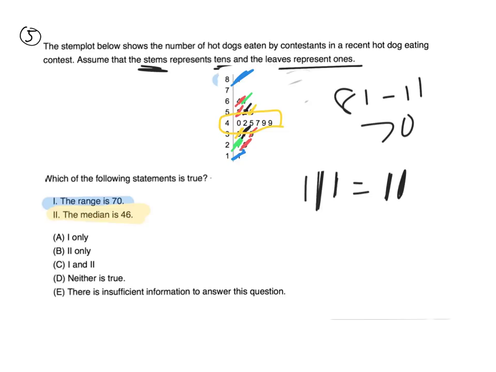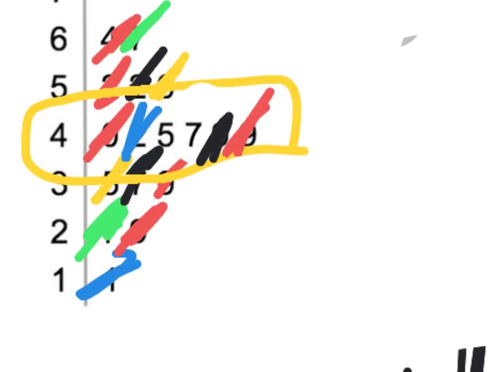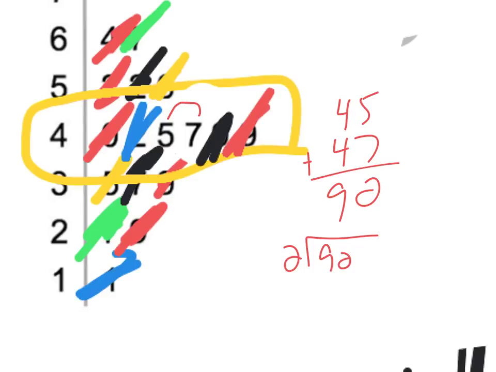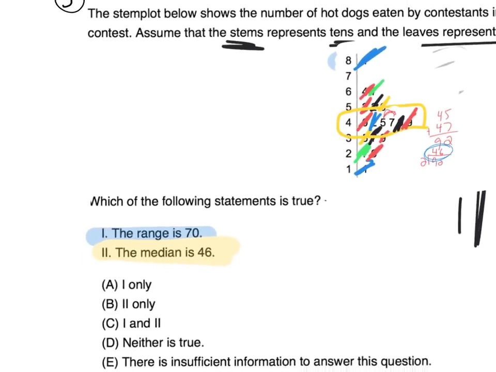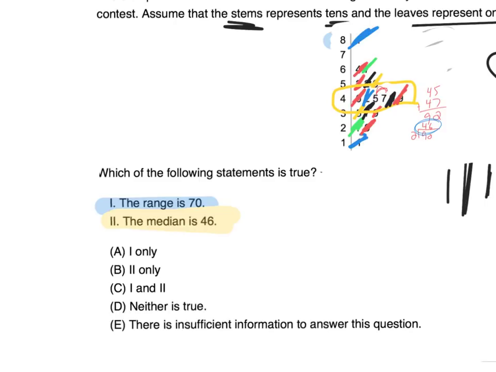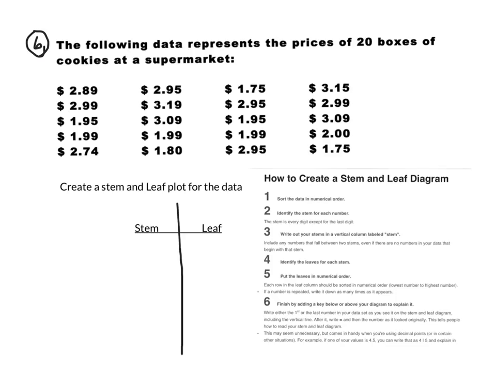And here it looks like I cross off the 40 and the 49 and the 42, 49. Which means I'm left with this middle 45 and 47. And the way I find the median is I just simply add those up and divide by 2. And it looks like here when I do that, or if I can just figure out what number is in between 45 and 47, it looks like the median is going to be 46. So that's also going to be true. So since both statements are true, here it looks like our answer is going to be letter C.